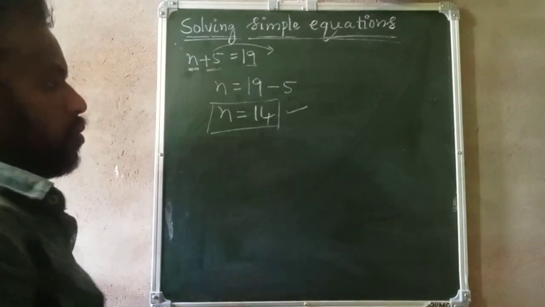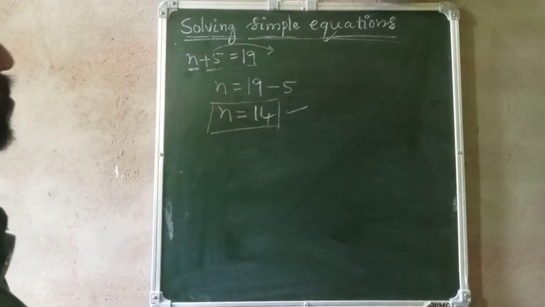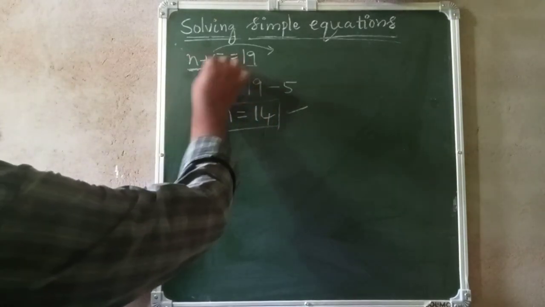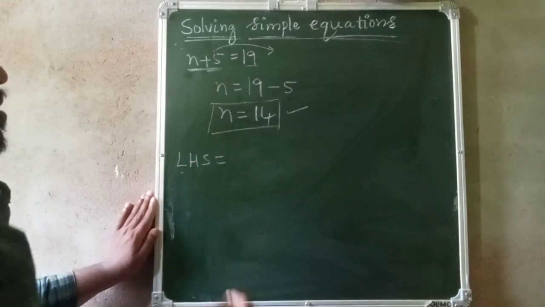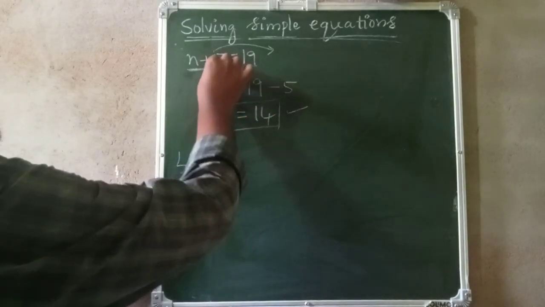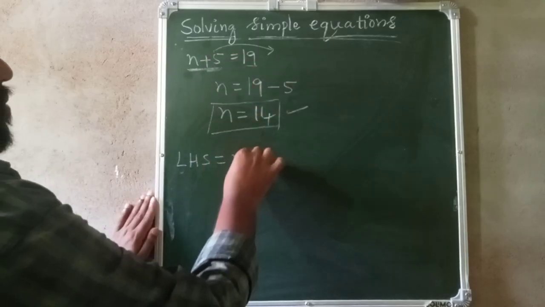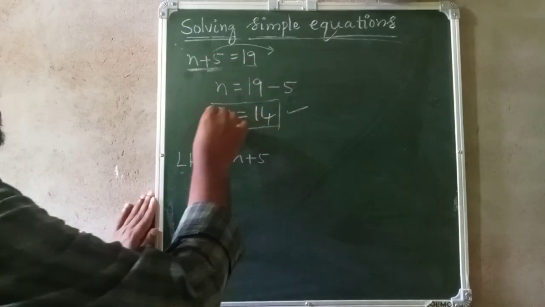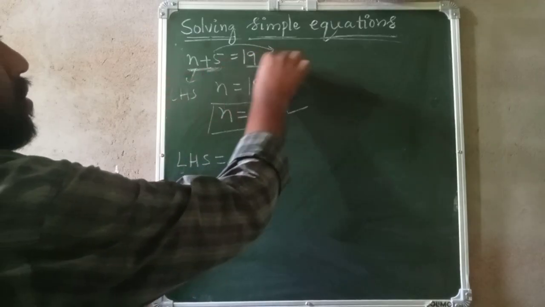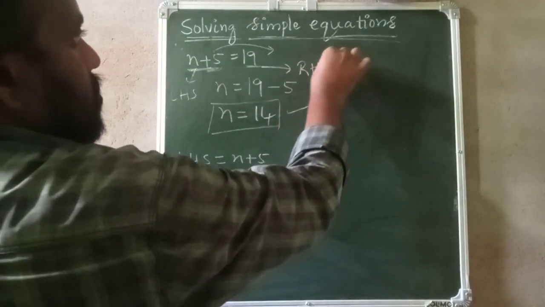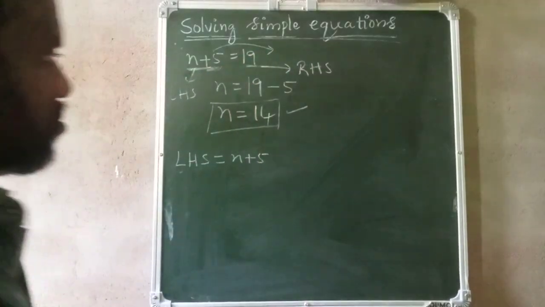So how to check? So I already said this is LHS. So LHS you write n plus 5. So this is LHS. This is RHS. This 19 is RHS.